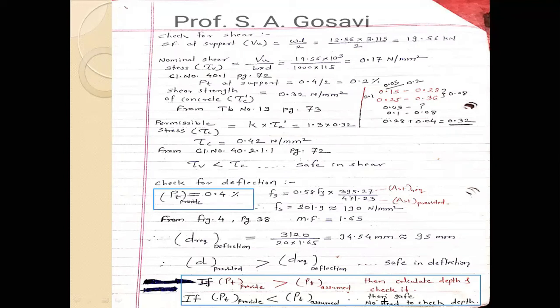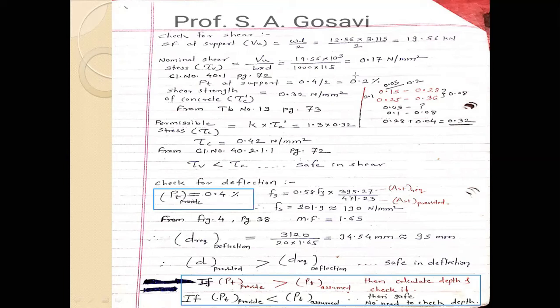So in this type of case, you may directly write that the percentage of steel provided is less than the percentage of steel assumed, so the deflection criteria is satisfied. You can directly write down this sentence. Okay, so in our case, we provide 0.4%. Initially, we assumed 0.3%. So our percentage of steel provided is greater than the percentage of steel assumed. That is why we have taken the check for that.